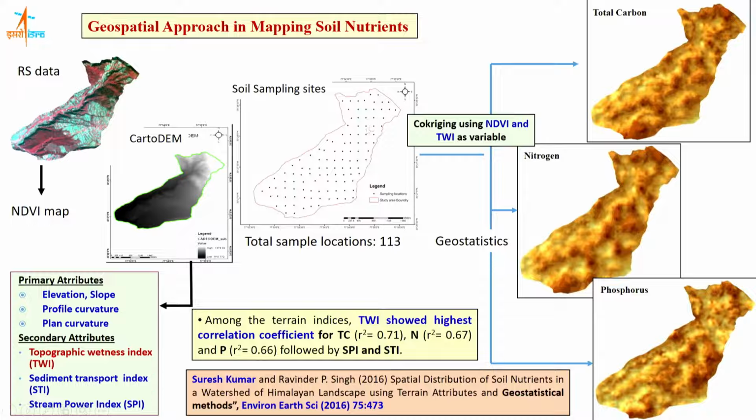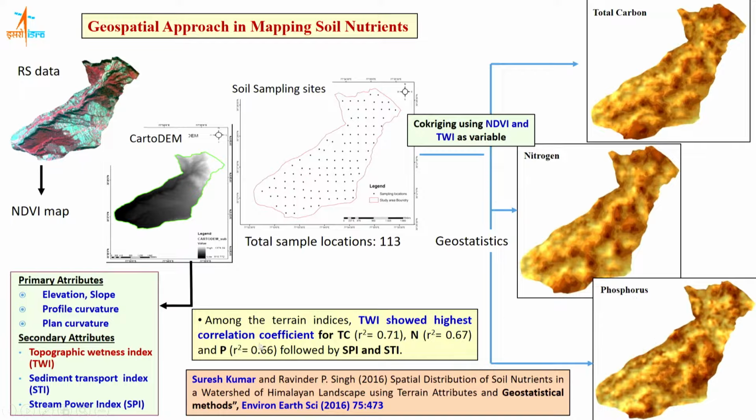I have taken regular grid soil samples of the surface soil properties, for example nitrogen, phosphorus, and potassium, analyzed in the soil labs. These maps were integrated together based on geostatistical techniques, where I used the co-kriging technique and kriging methods. In co-kriging I used NDVI and the terrain wetness index, a secondary attribute, and then we are able to prepare the total carbon map, nitrogen map, and phosphorus map.